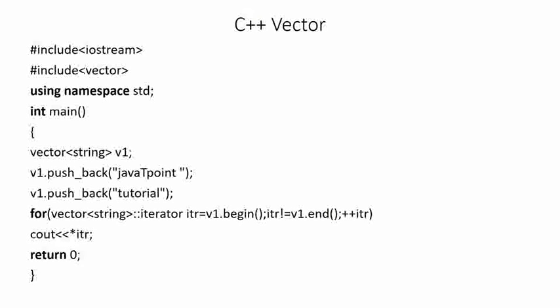By using that iterator, we begin from the start and go up to the last value of the container. Begin from v1.begin means what? The starting element. For example, the starting location holds Java point in the container. And after that, we point at the last, that is the end of the container. By using cout, we print both values, Java point and tutorial.